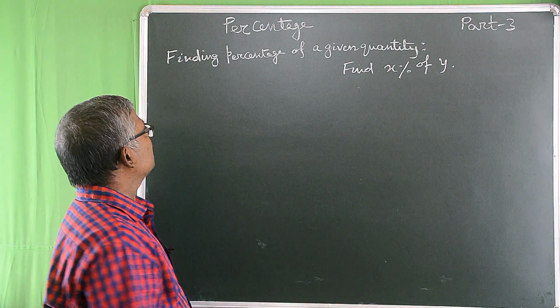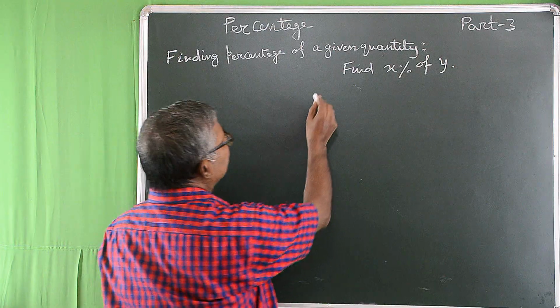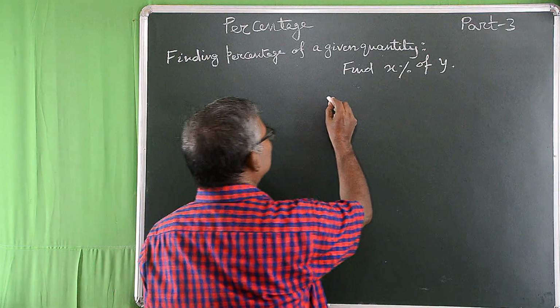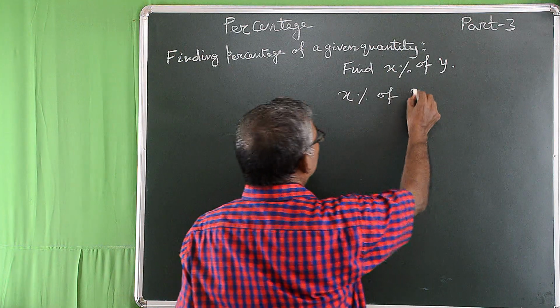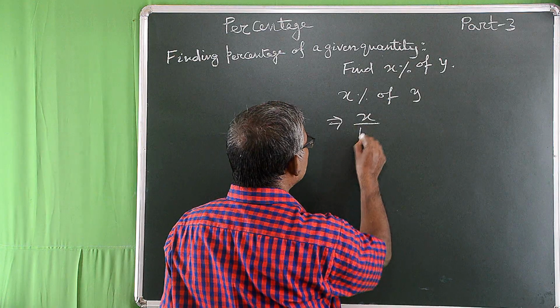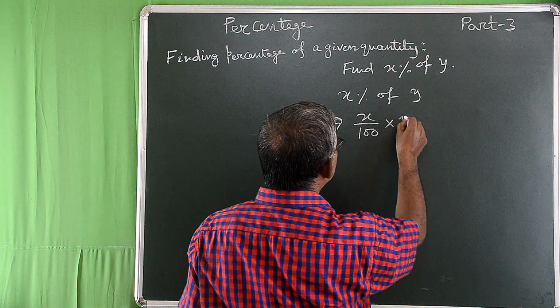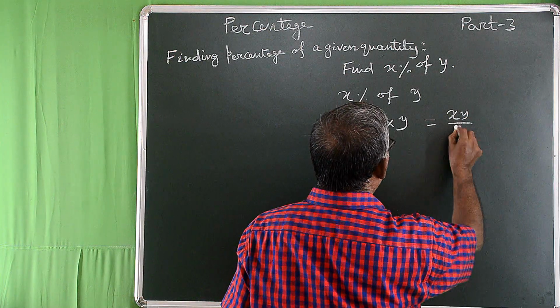Students, let us find the percentage of a given quantity. Find x% of y. Here given x% of y. This implies x by 100 into y, that is xy by 100.